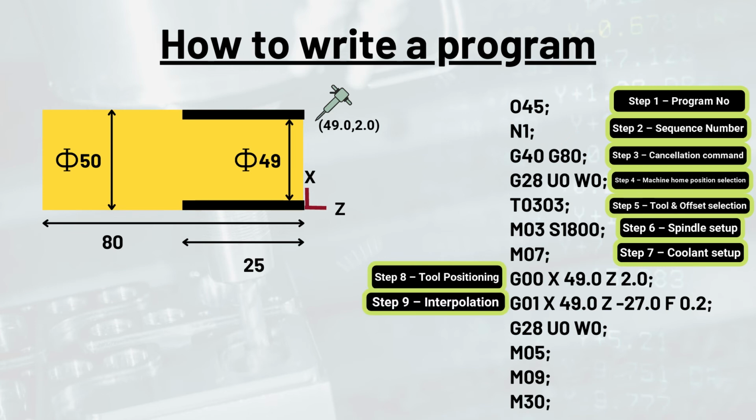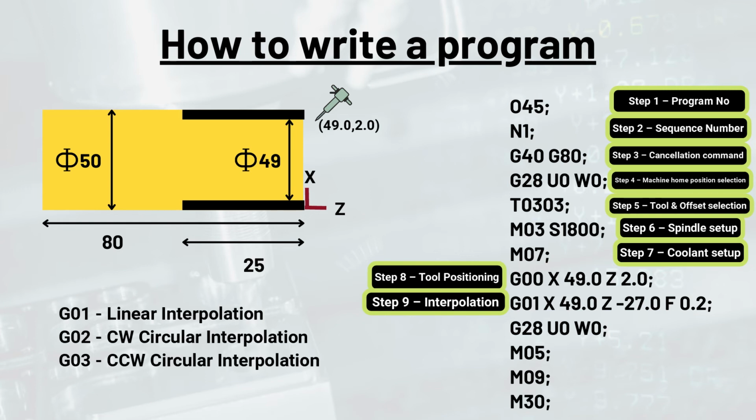The next step is the interpolation. In this step, we decide between G01, G02 and G03. G01 is for linear interpolation, G02 is for clockwise circular interpolation and G03 is for counterclockwise circular interpolation.